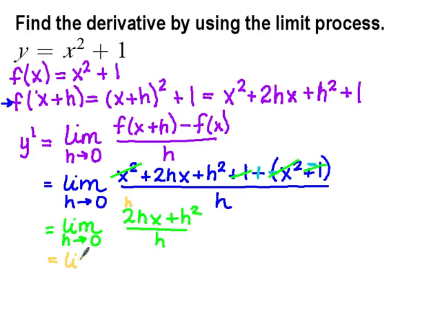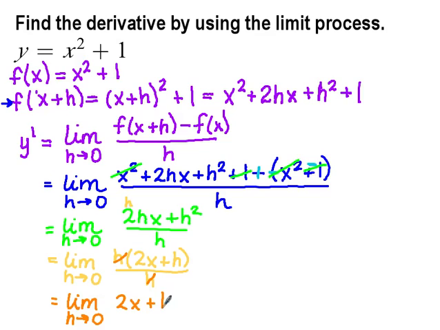So if I factor out that h, I get what? 2x plus h, all over h. Why did I do that? Because your h's then cancel. So really, it's leaving me with the limit as h approaches 0 of 2x plus h.